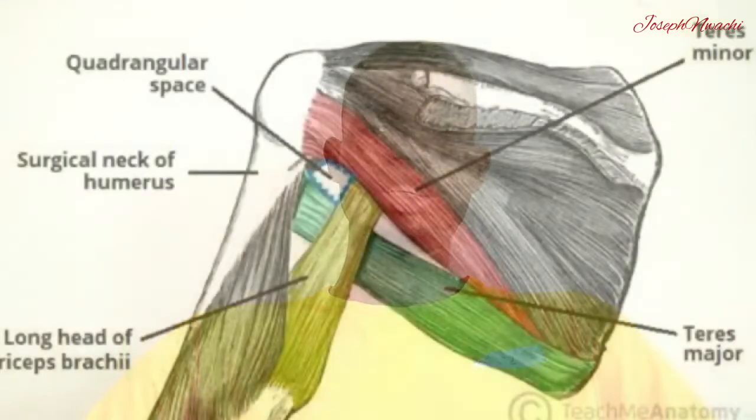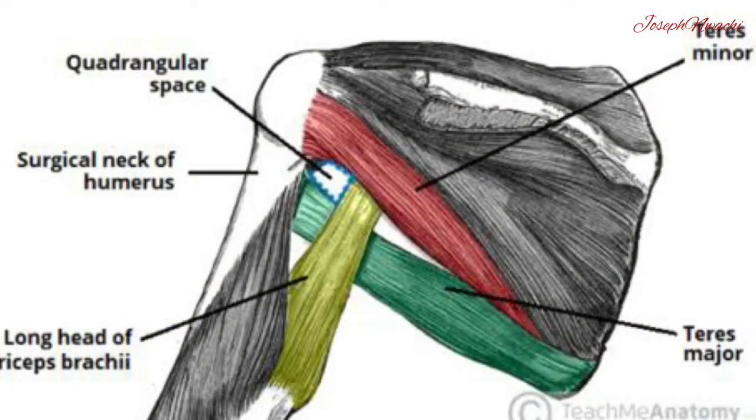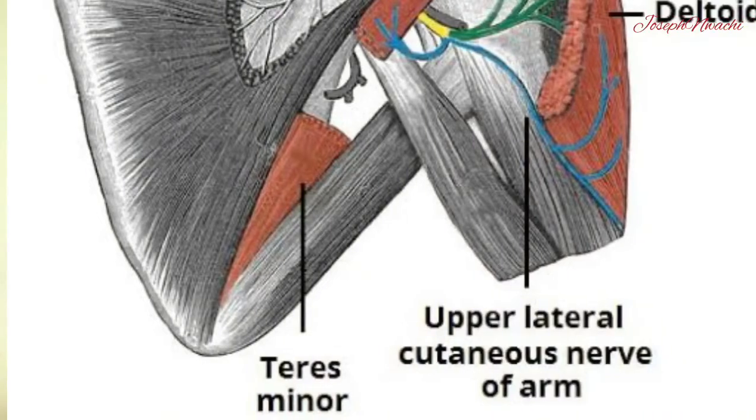So when there is muscle hypertrophy or a lesion in this space, it can lead to damage of the axillary nerve, and the muscles innervated by this nerve, which include the teres minor muscle and the deltoid muscle, will be affected.